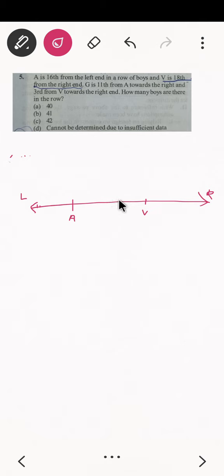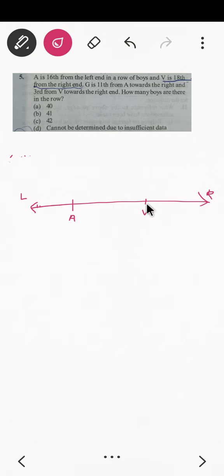Next, G is 11th towards the right from A and 3rd from V towards the right end.